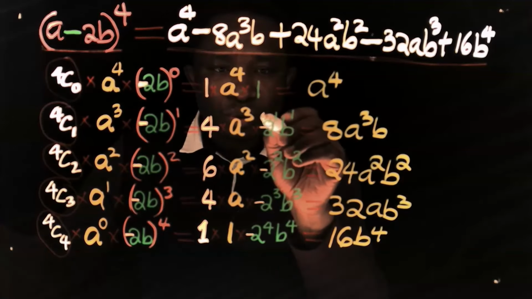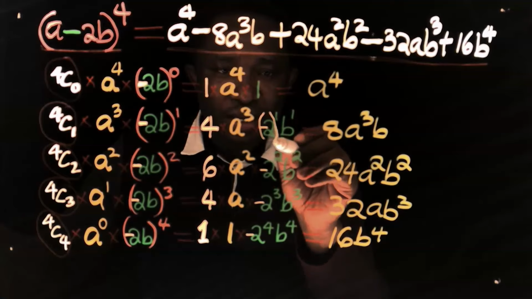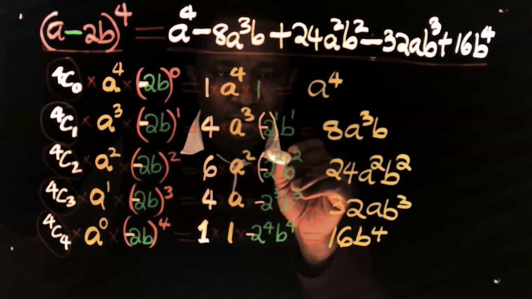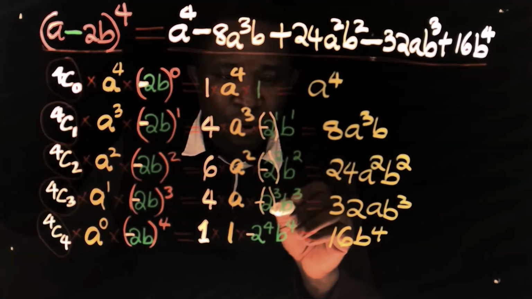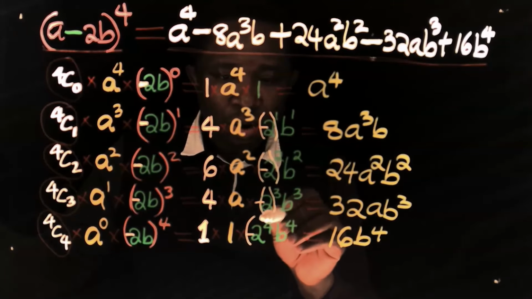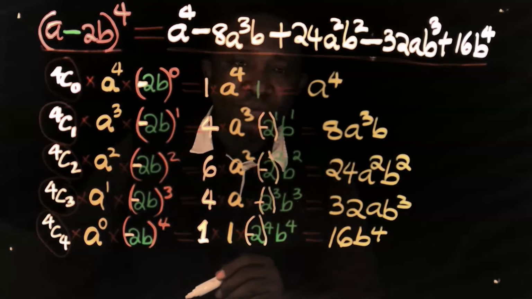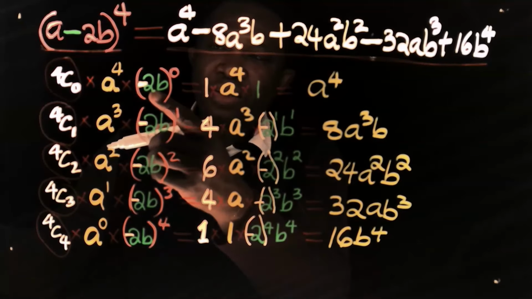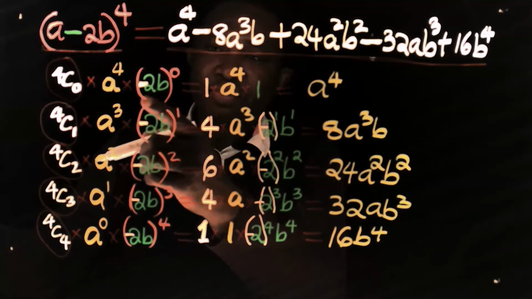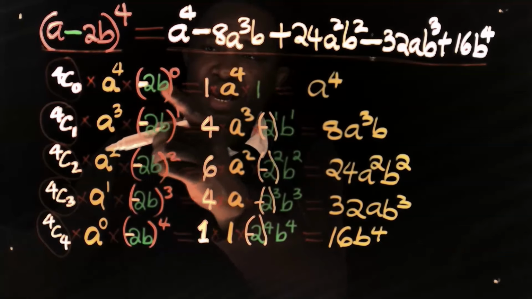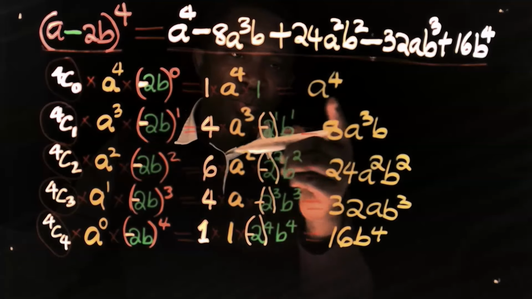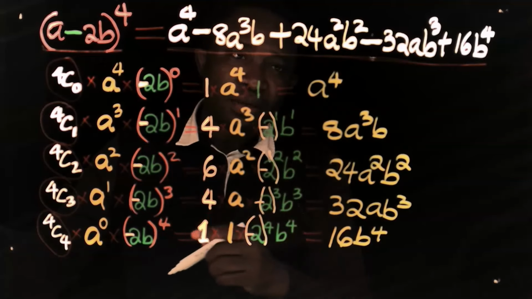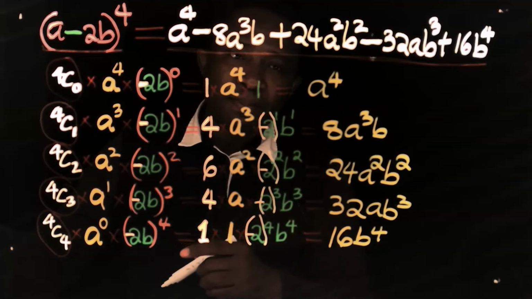These two will be in a bracket being squared or raised to the power of 3 or raised to the power of 4. This minus is inside the bracket. Everything here raised to the power of 0 will be 1. So nothing will change for this first term.